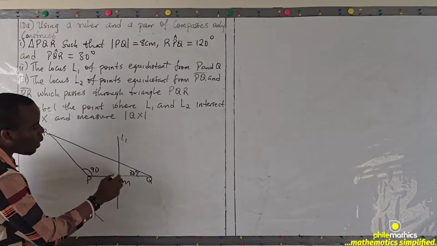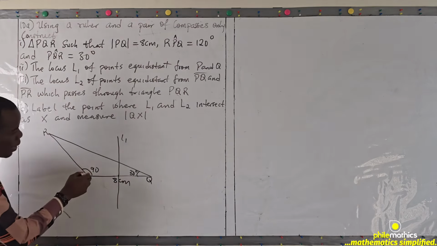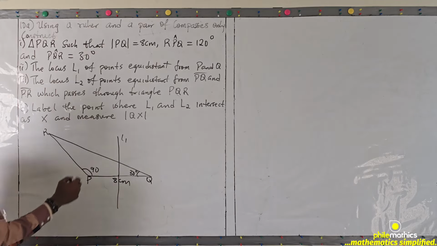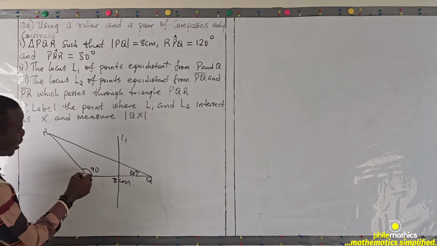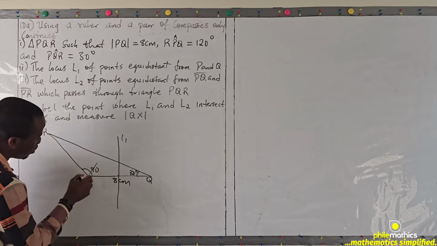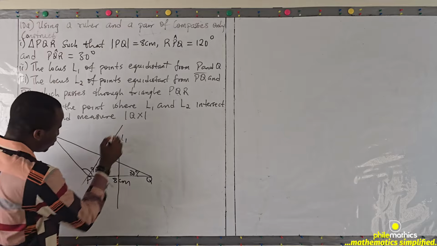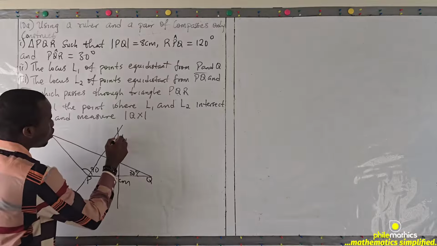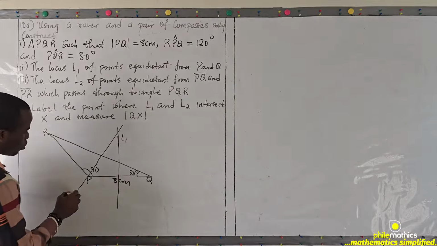So while we are bisecting this line, we're going to bisect this angle, which is 90, so we're going to bisect it to 45, make it equal, and then this will look like this. Mind you, we're not doing anything perfect here, we're just trying to sketch. So this is our LO2.